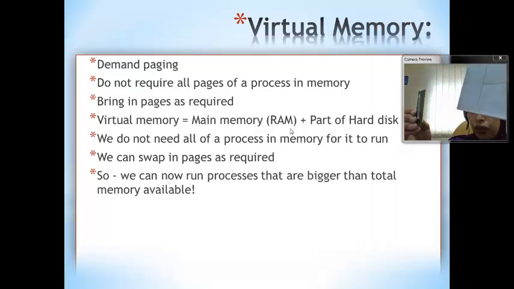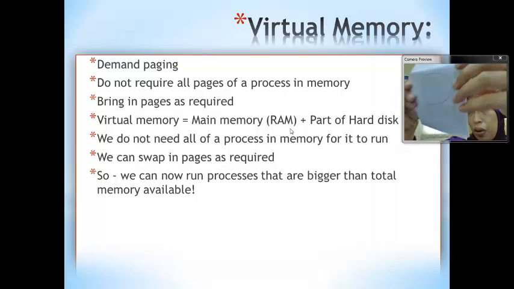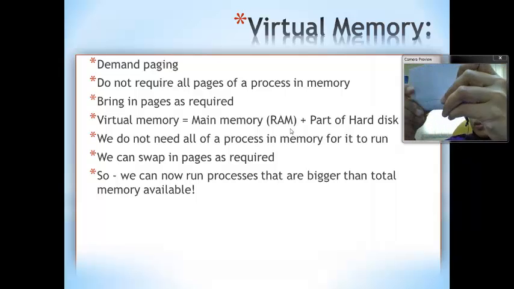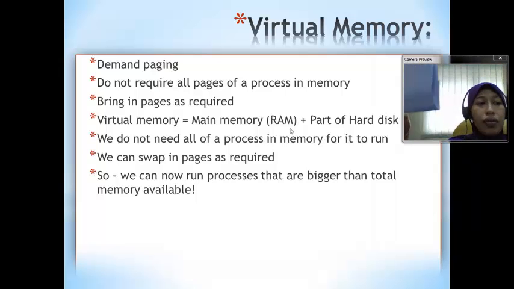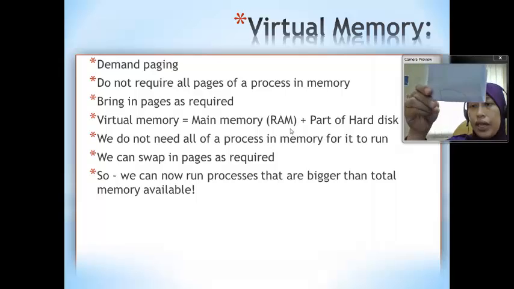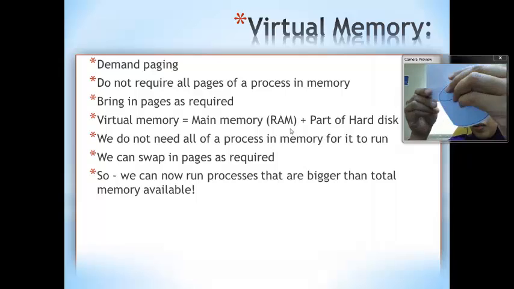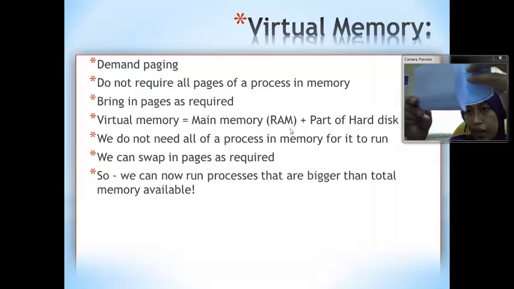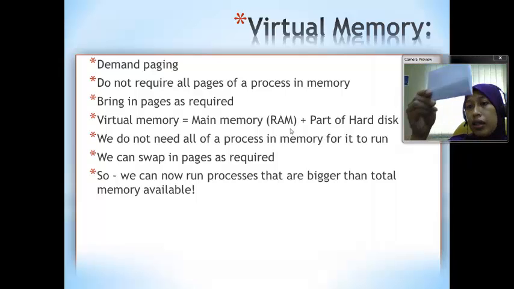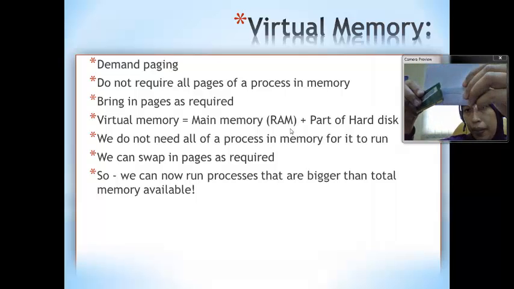So all you can do is use virtual memory. It means that part of this program, let's say half of this program, will be allocated in your hard disk as pages. So some of the pages will be in the hard disk, and some of the pages will be in the RAM.